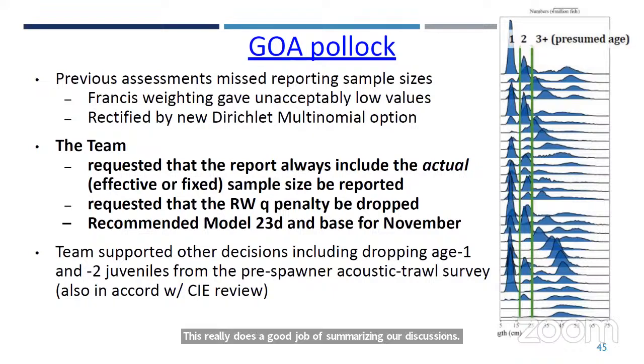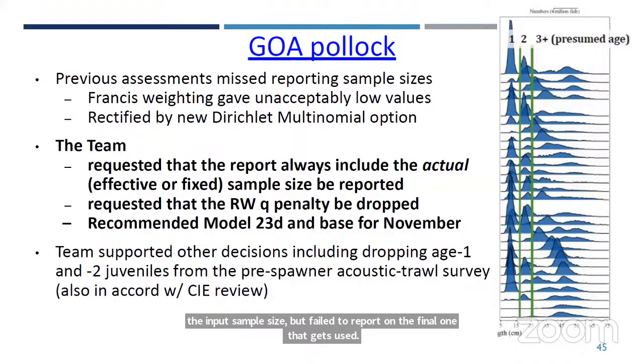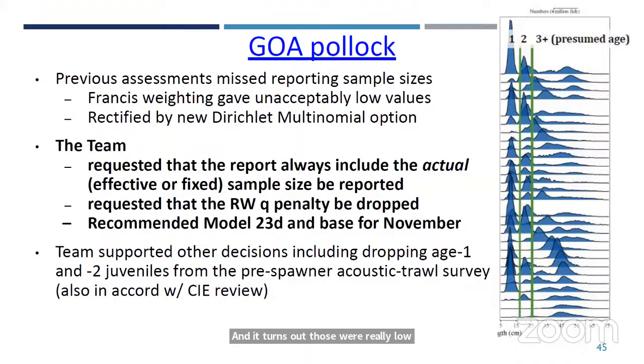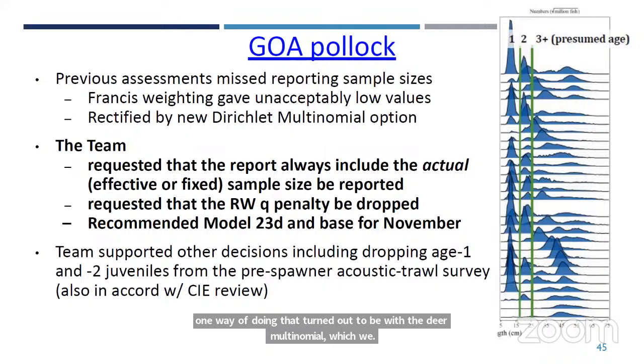And the previous assessments, by no fault of the previous authors, reported the input sample size, but failed to report on the final one that gets used. And it turns out those were really low values, and it was seemingly too low and needed to be rectified. And one way of doing that turned out to be with the Dirichlet multinomial, which we were happy to see put things more in line with expectations.